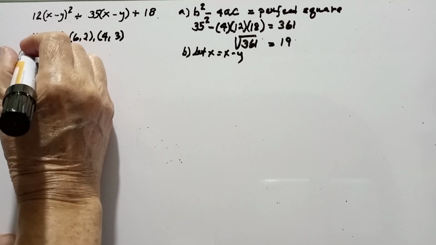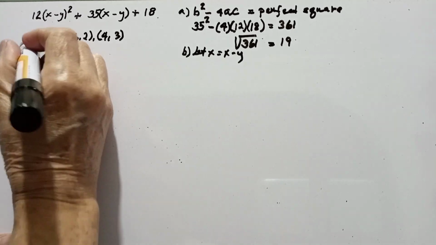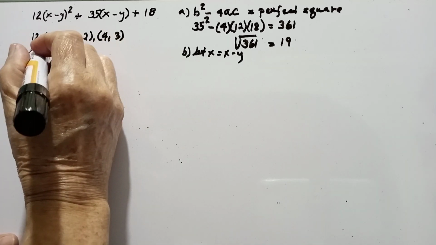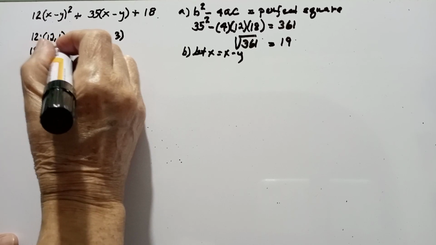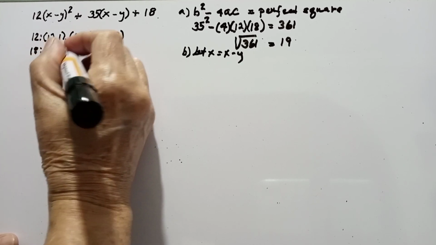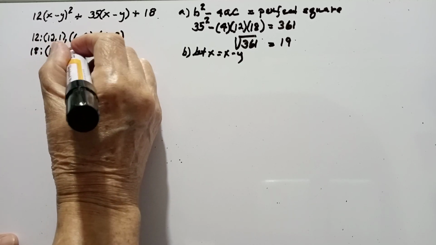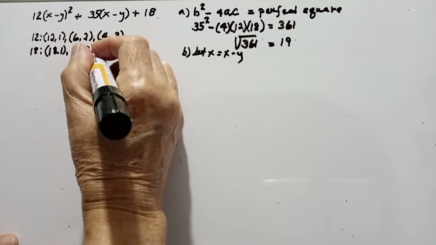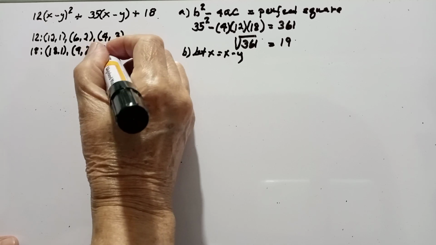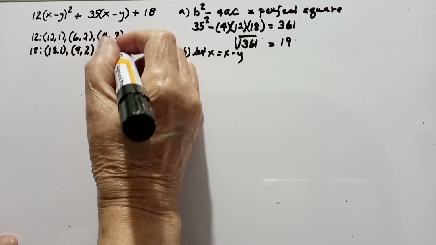Factors of 18, we have 18 and 1, then we have 9 and 2, and we have 6 and 3.